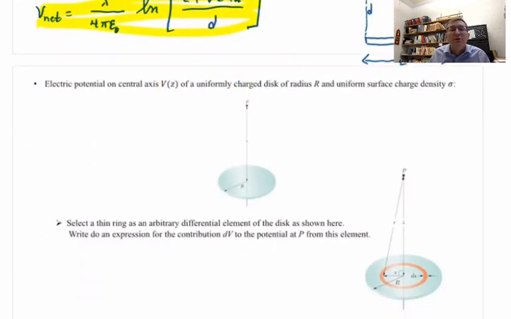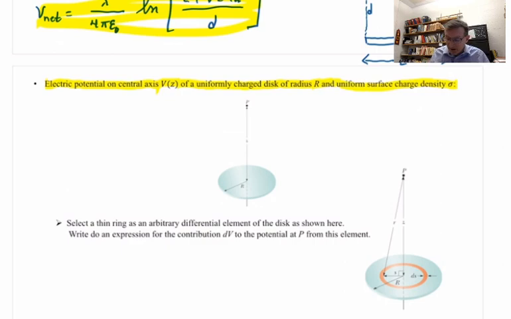How about a charged disk? A uniformly charged disk, right? For more practice. We now want to find the electric potential on the central axis. It's going to be V as a function of z, of a uniformly charged disk of radius big R and uniform surface charge density sigma.